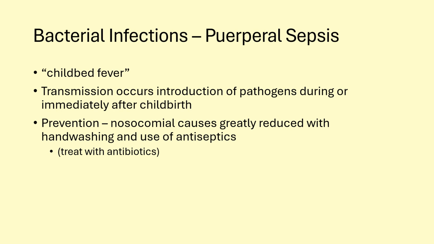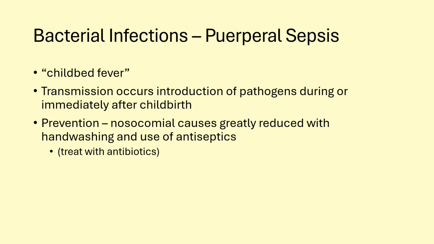Puerperal sepsis, which is often referred to as childbed fever. What happens here is the transmission usually occurs during childbirth. There's introduction of pathogens either during childbirth or right afterwards. Prevention: because it's nosocomial infections, all nosocomial infections have been greatly reduced as compared to 40 years ago, just by proper hand washing techniques and use of antiseptics.